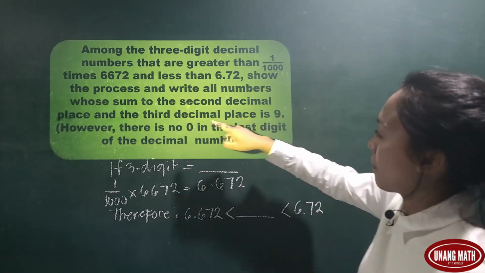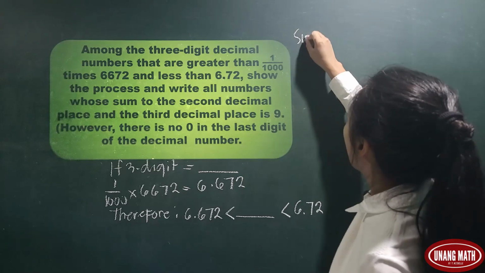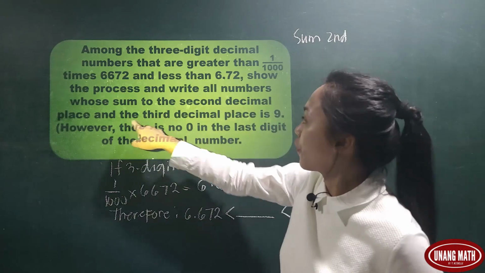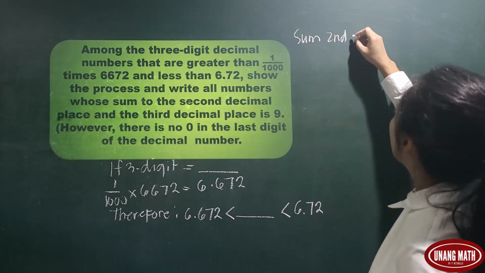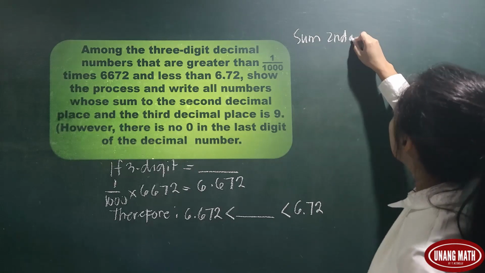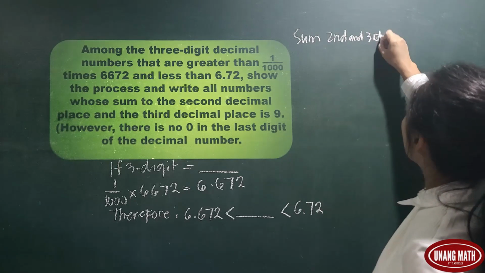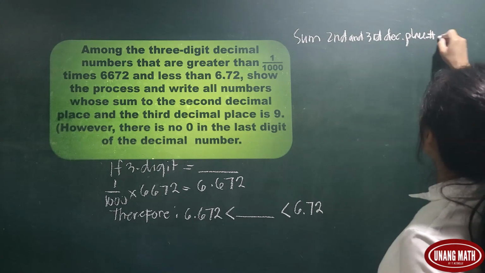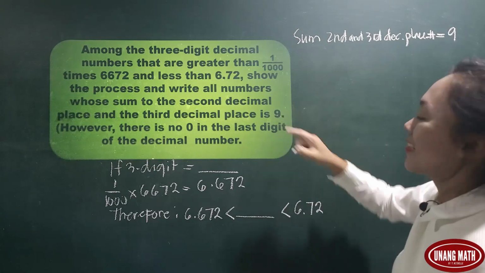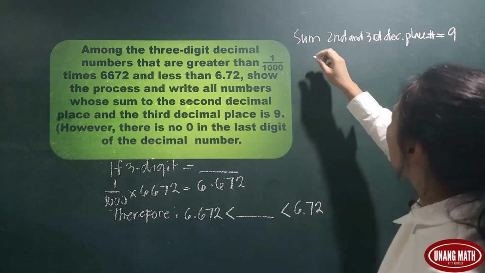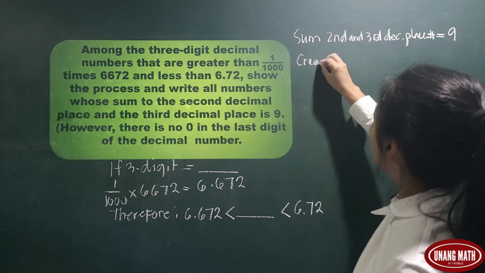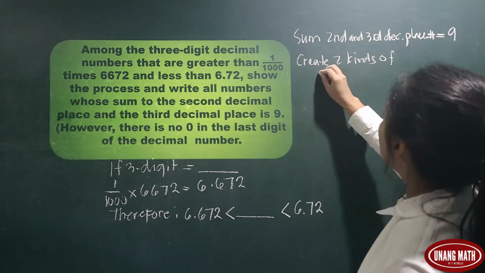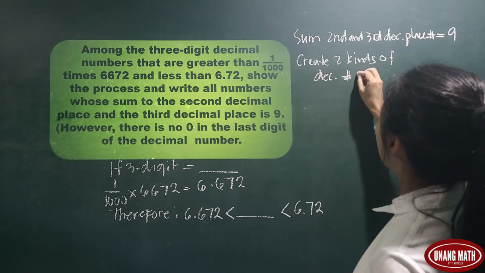Okay, according sa problem, ang sum ng second and third decimal place number is equal to 9. From that, we can create two kinds of decimal numbers.